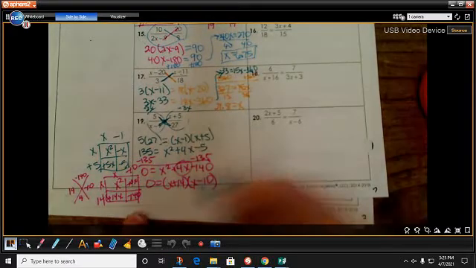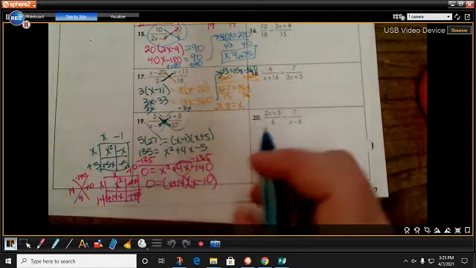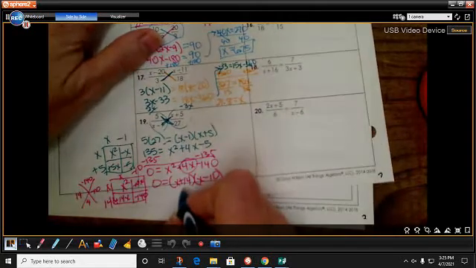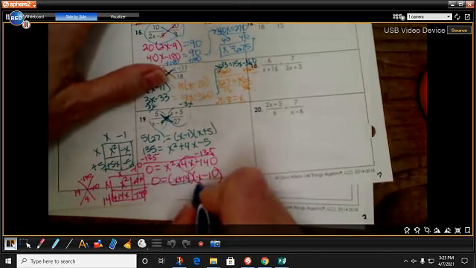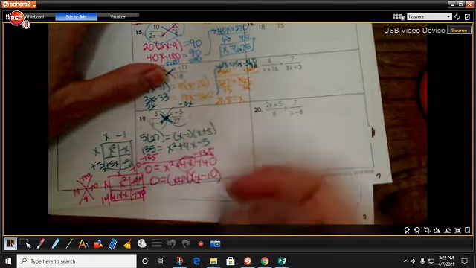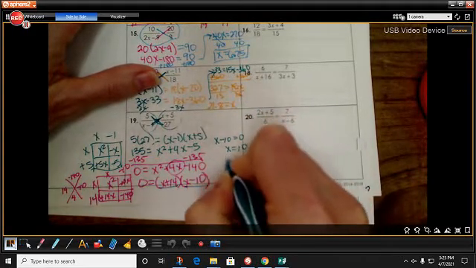And yes, this is the old algebra from the end of last year when COVID was happening and craziness. You're going to be okay. So I have the zero property that I remember from last year that says if two things multiply to make 0, one of them better be 0. So if the x minus 10 equals 0, that means the x had better equal 10.